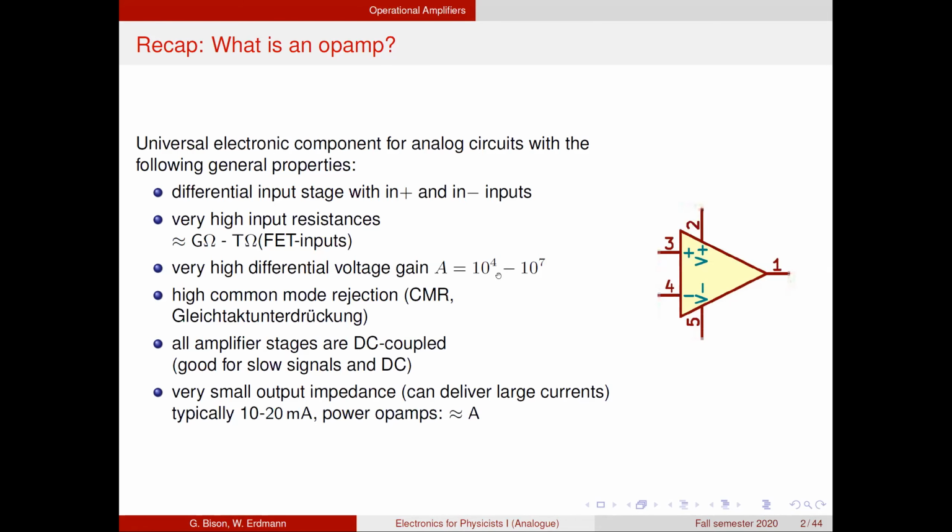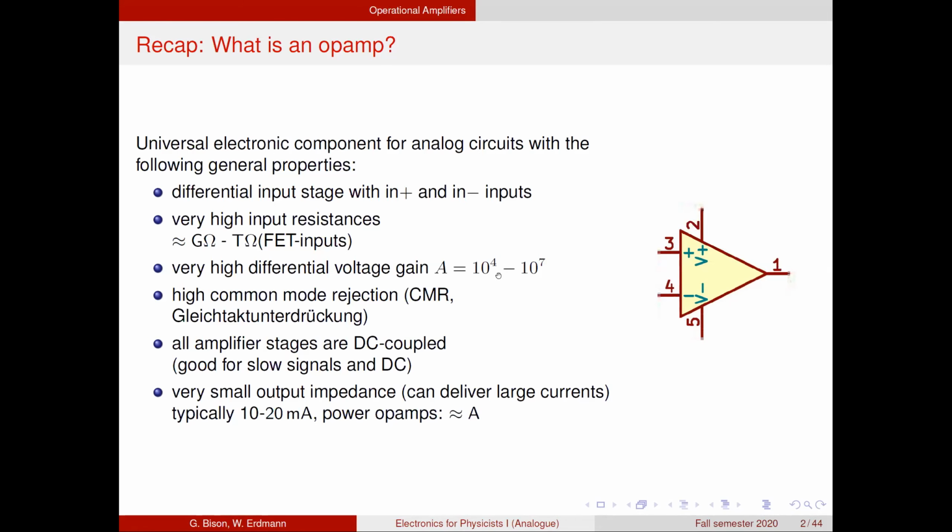And the amplifier stages are DC coupled, so this is good for slow signals. The amplifiers have a small output impedance, which means they can deliver large currents. Typical is 10 to 20 milliamps, but there are also power op-amps that can deliver up to amperes.